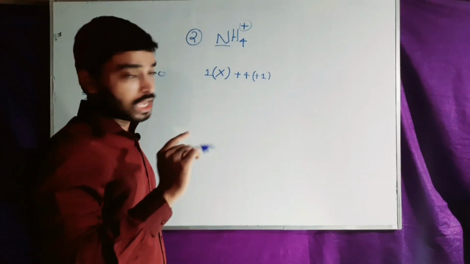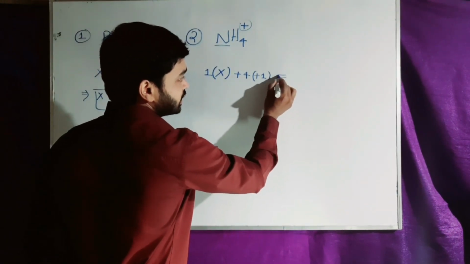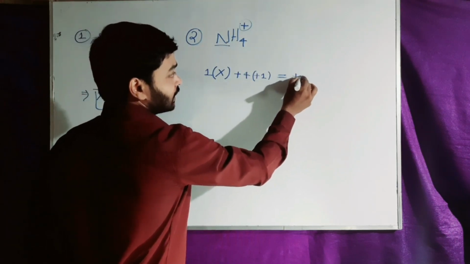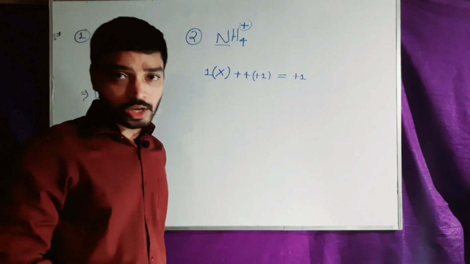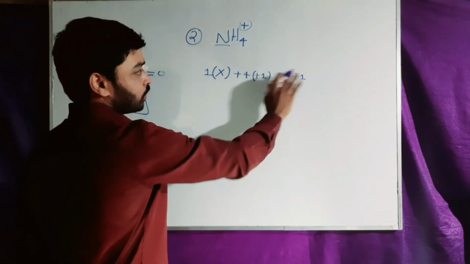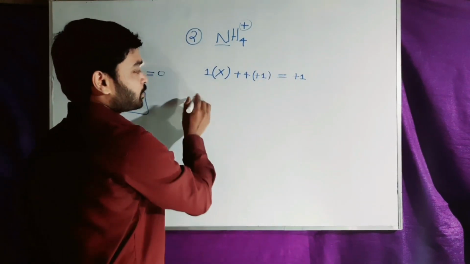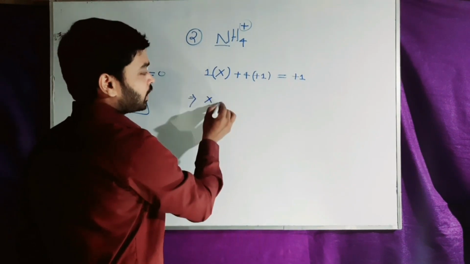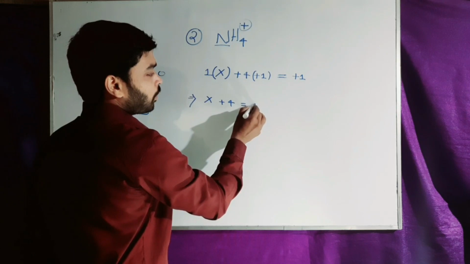So the compound is ionic, and the charge over the molecule is +1. So I am equating the added charge to +1, that means the charge over the whole molecule. So the equation becomes x plus 4 equals +1.